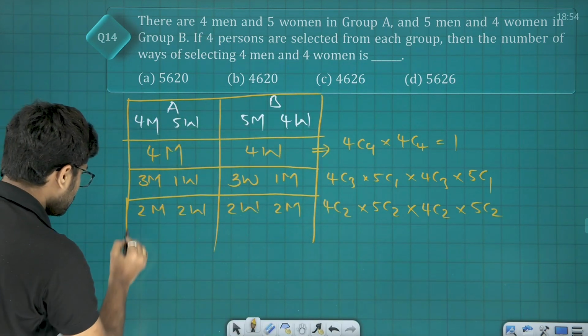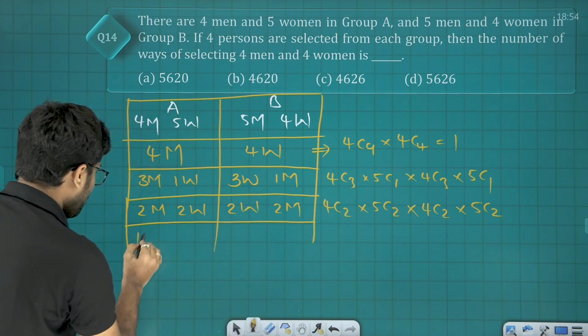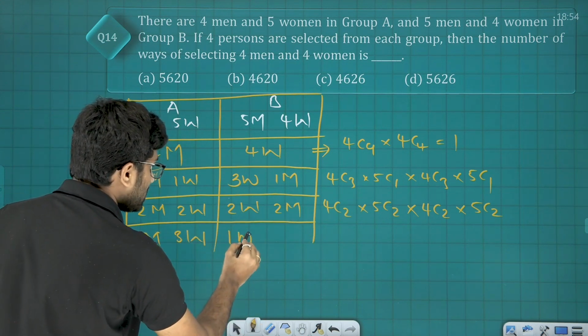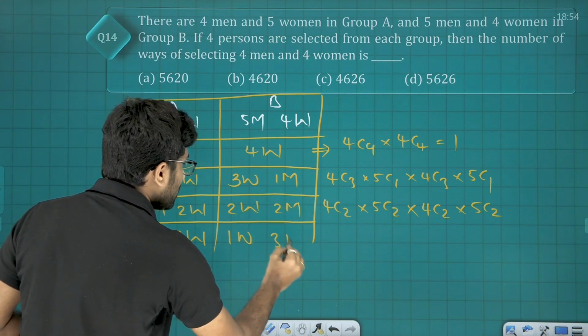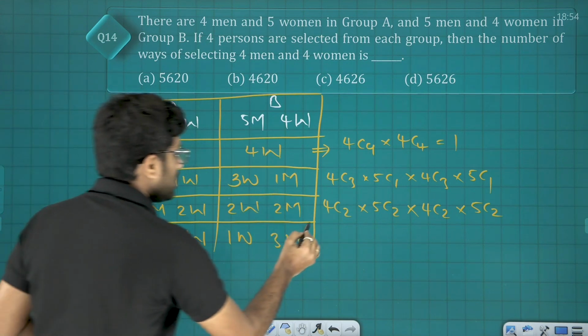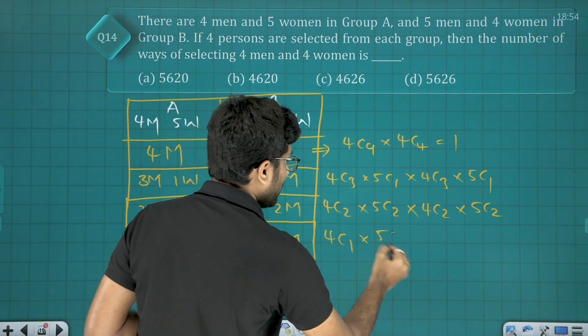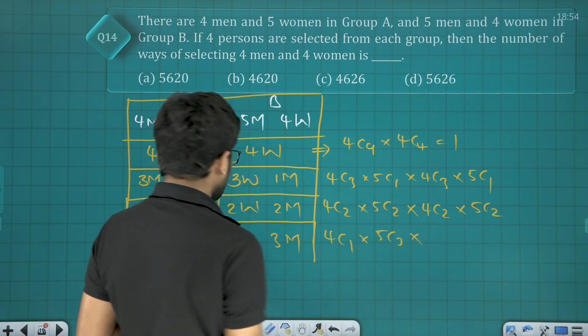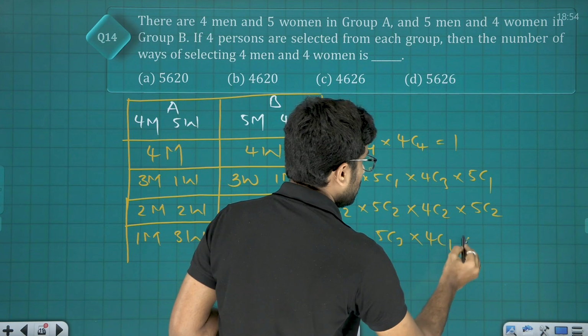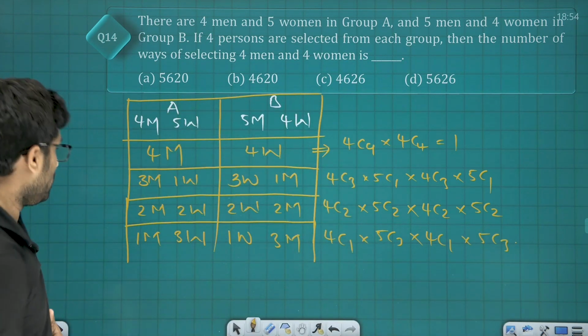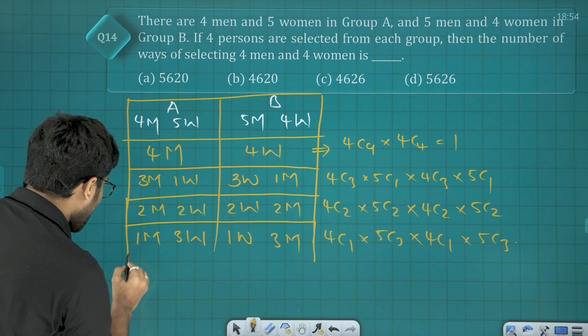Next, 1 man from this, 3 women from this, 1 woman from this, 3 men from this. Clear? Now in this case, what happens, boss? 4C1 into 5C3 into 4C1 into 5C3. Clear? Yes, 5C3.